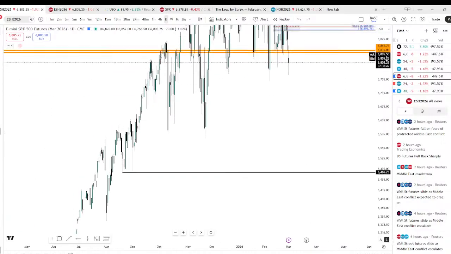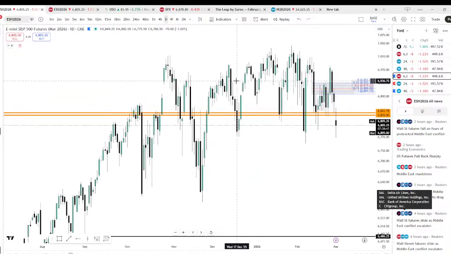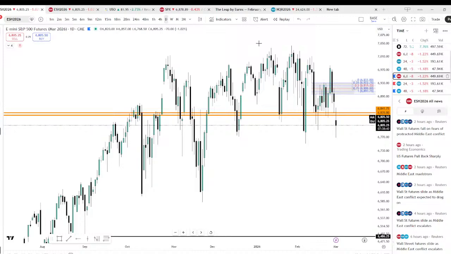Since we have expiration coming up, I'm interested in how this is going to play into all this. I want to be here and record the open live, maybe capture that entire opening range until 10 o'clock.